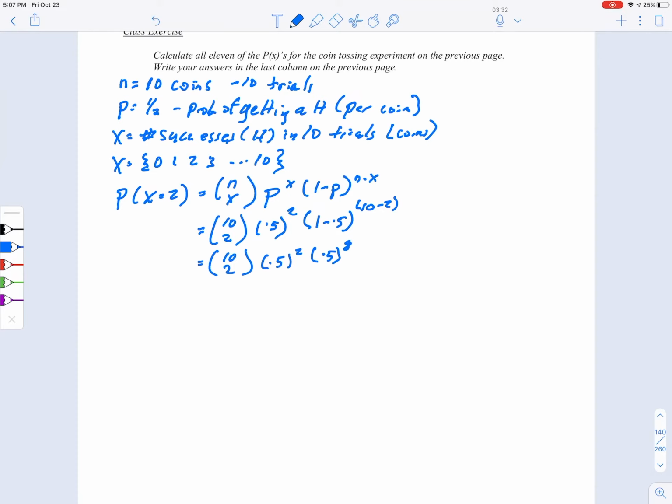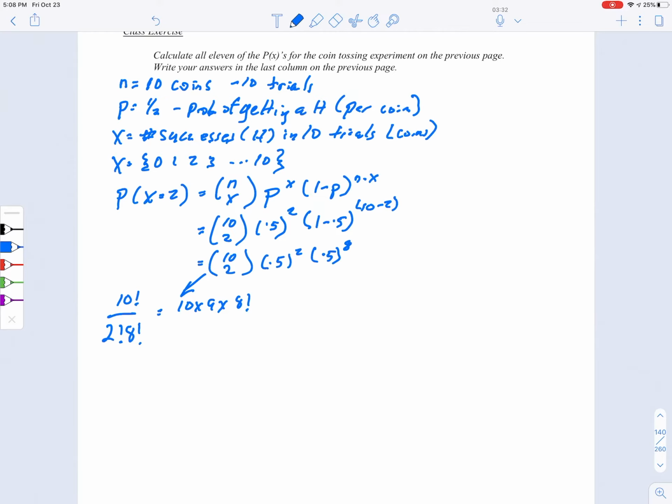All right, let's do a calculation here. We're going to have 10 choose 2, so we're going to start with this guy right here. And 10 choose 2 is 10 factorial over 2 factorial, 8 factorial. And that's going to be 10 times 9 times, are you okay with me just putting down 8 factorial here?